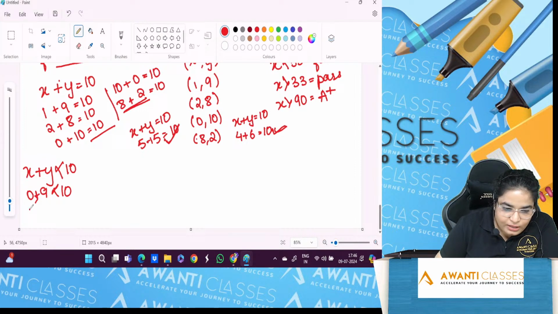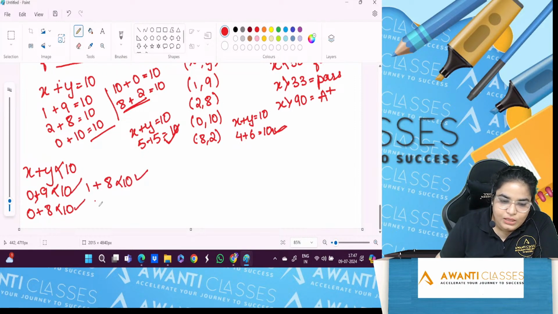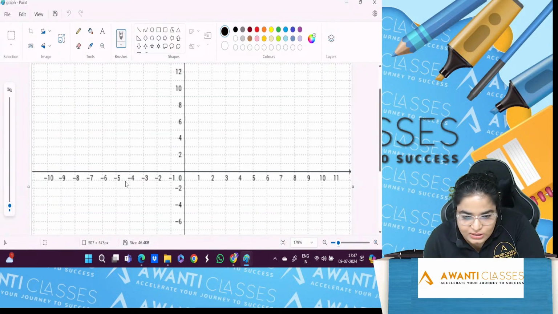Similarly, if I say x is 0, y is 8, will that also work? Yes. If I say x is 1 and y is 8, will that work? Yes. If I say x is 7 and y is 0, will that work? Yes. Can I plot this on a line?